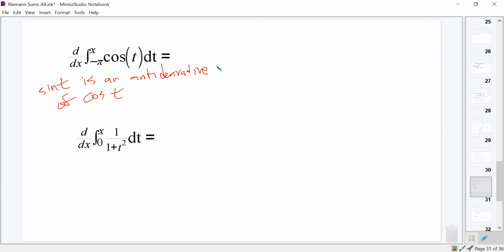So since we know that sine is an antiderivative of cosine, we could rewrite this as the derivative of the sine of the upper limit minus the sine of the lower limit. And that's the second part of the fundamental theorem of calculus, right? If we know the antiderivative, plug in the upper limit, plug in the lower limit, and evaluate.